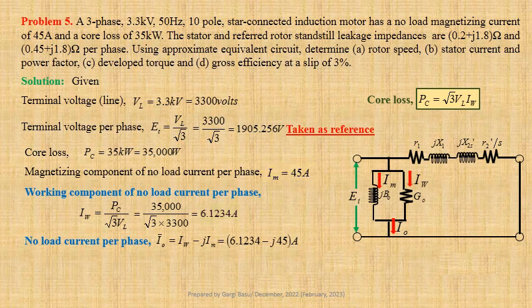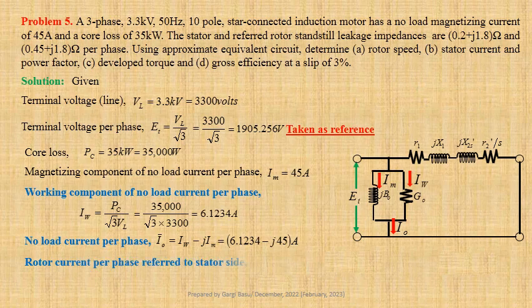We have determined rotor current per phase referred to stator side I2 dash equals 121.9754 ampere at an angle minus 13.3245 degree. This may be written in Cartesian form as 118.6919 minus j28.11 ampere.